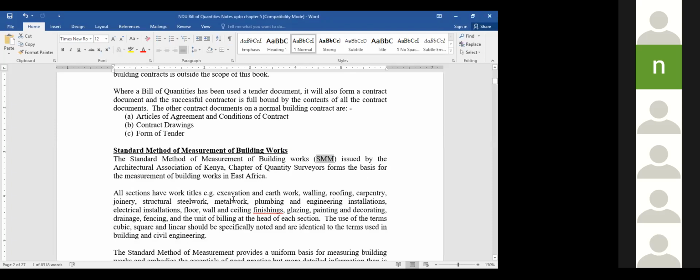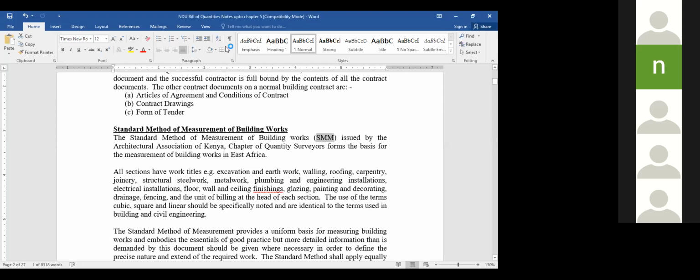And the other document that we use is the document we refer to as CSMM, the civil engineering standard method of measurement.